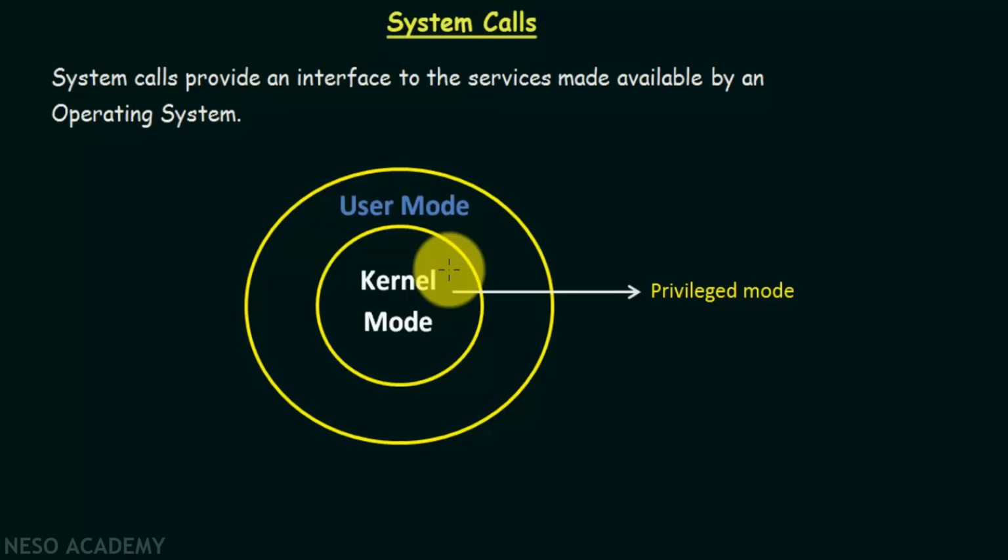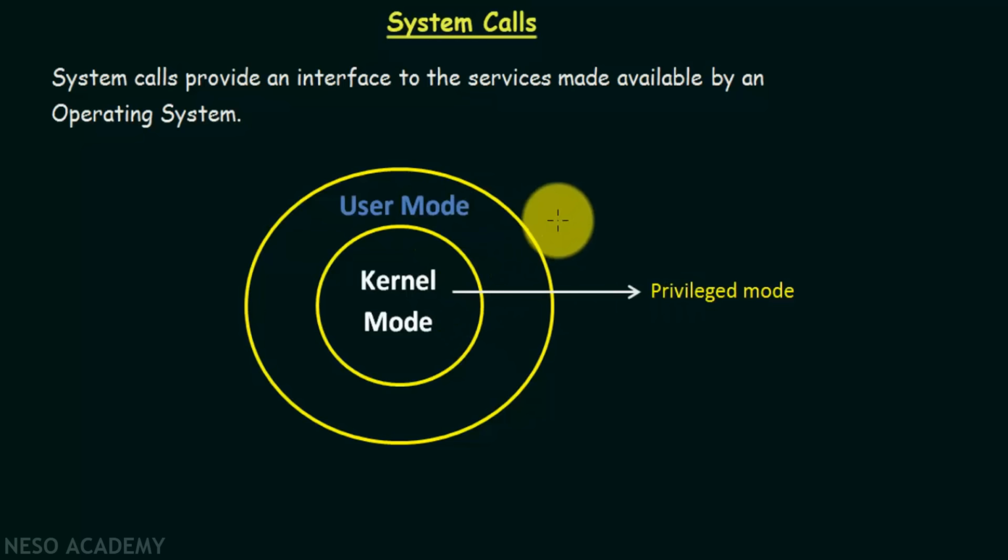So that is one problem of kernel mode. But if a program is executing in user mode and if it happens to crash, then the entire system does not crash or come to a halt. So user mode is a safer mode of operation, though kernel mode is a privileged mode.